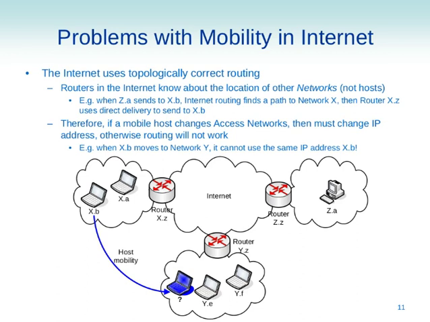Let's say there's another router here, router A, and then that router A's routing table would say to reach network X, send to router X.Z. So the routers in the internet would have routing table entries saying to reach some destination subnet, subnet X, send to the next router. And eventually they should be configured such that the next router will eventually be X.Z.